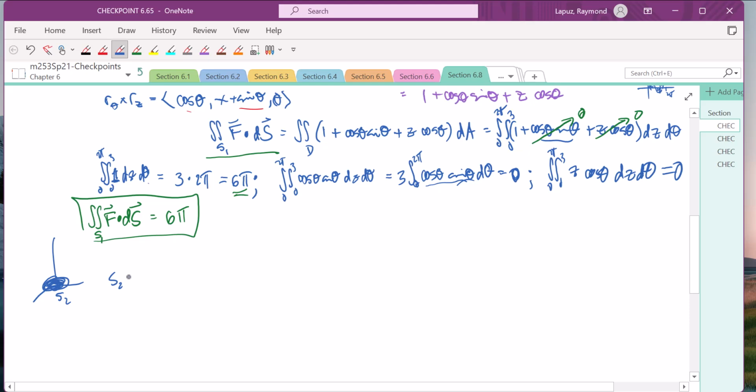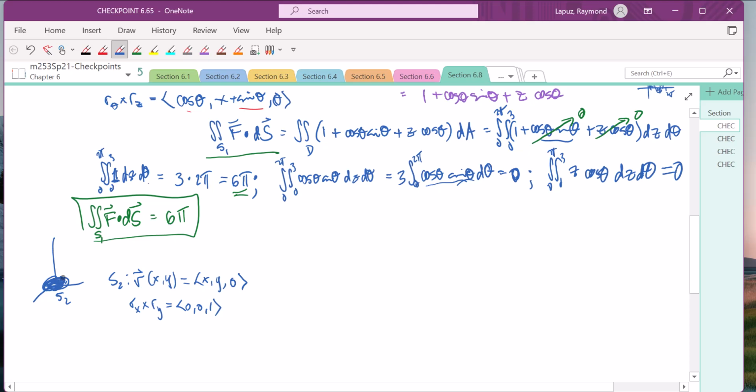So S2 can be parameterized as a graph parameterization where you have x and y, and then this is just the plane z is equal to 0, so that's just 0. Now your normal vector, if you do rx cross ry, it's going to be 0, 0, 1.